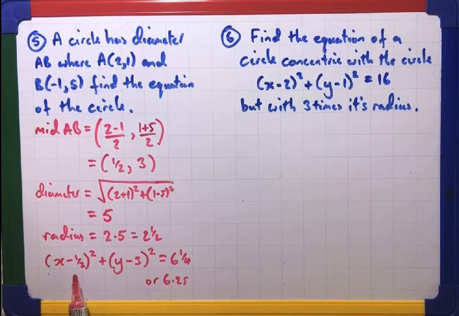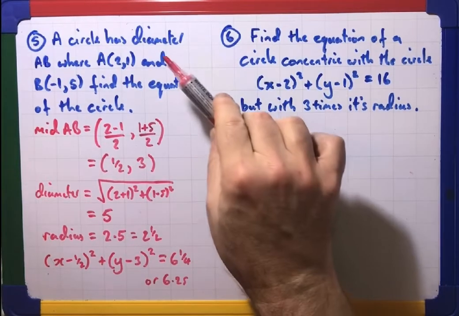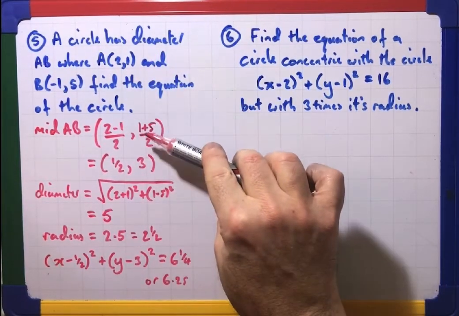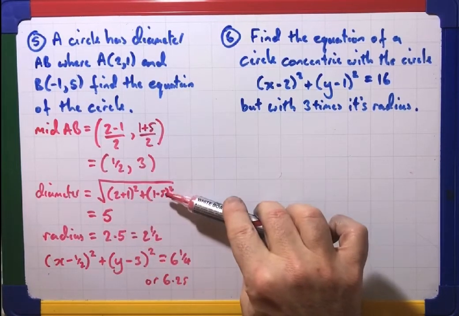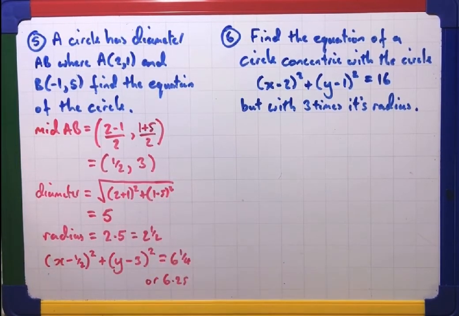So we've got (x − 1/2)² + (y − 3)² = 6.25. And that's the equation of our circle. Remember, any time you're given a diameter, the midpoint will be the centre, and if you work out the distance across the diameter, half of that is your radius.